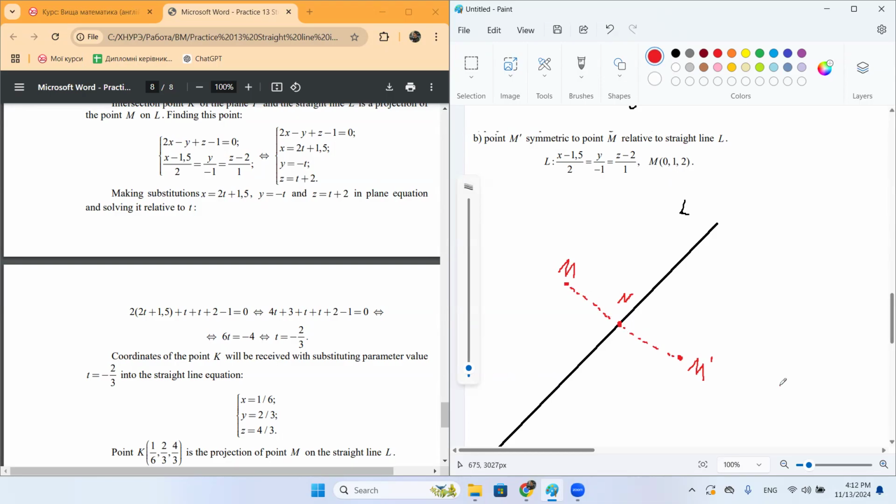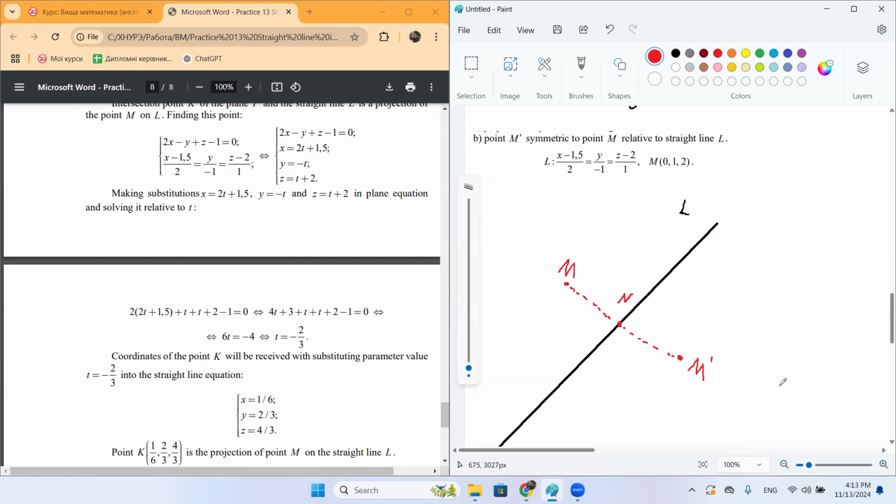So, ideas how to solve. Yeah, I know it's not quite symmetric on the drawing, but that's the idea. Daniel? I think we can find length MN, and then we can find NM1.